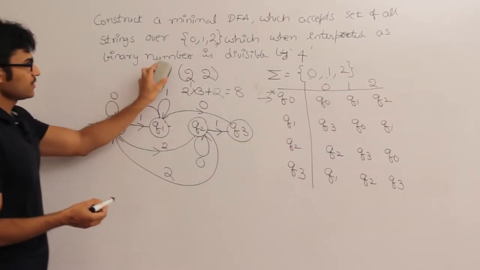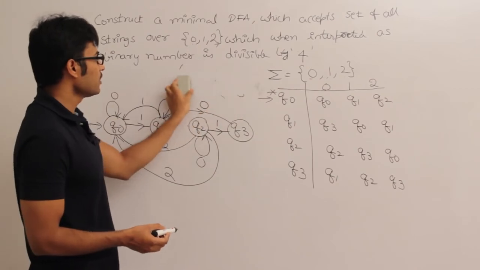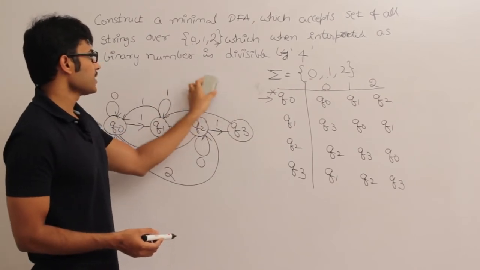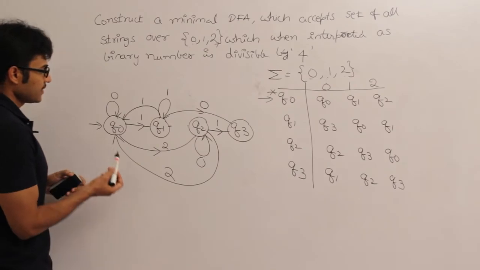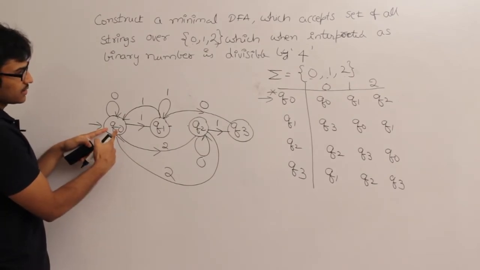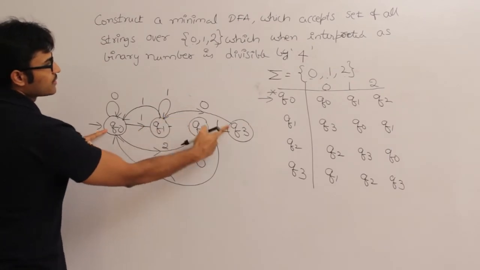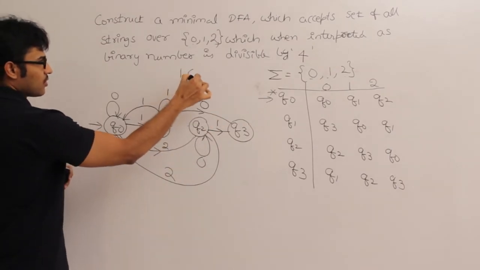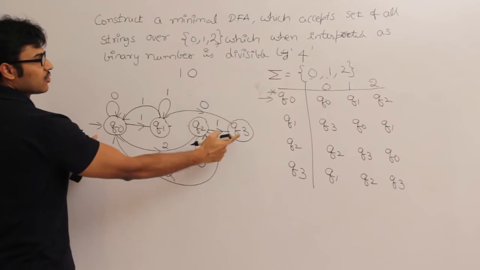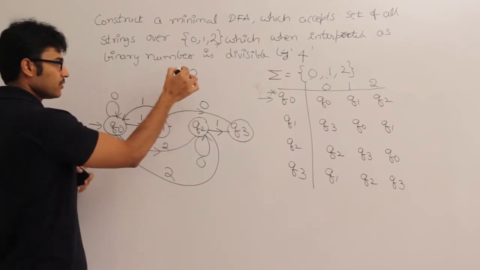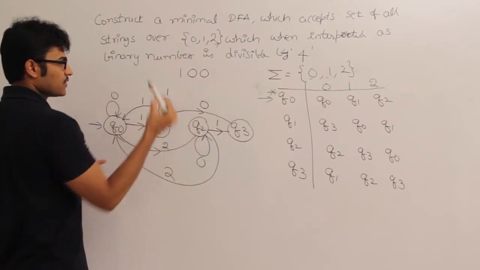Now let's talk about Q3. How did we reach Q3? By seeing some string which will lead us there. Let us say I am in Q1. How can I reach Q3? So one way is on seeing 1 and then 0. So on seeing 1, 0, I have reached Q3. Now in Q3, if I see a 0, what is it going to be?